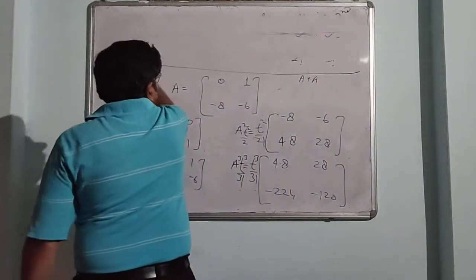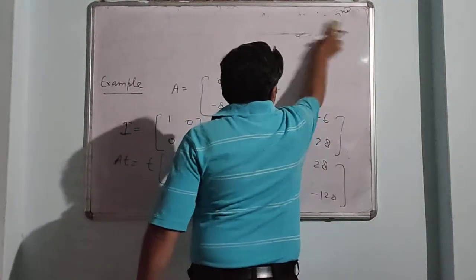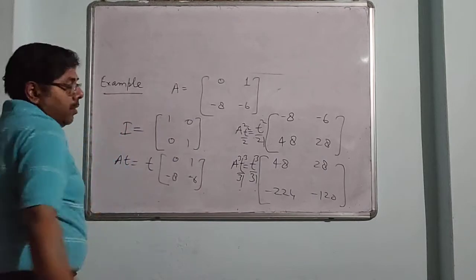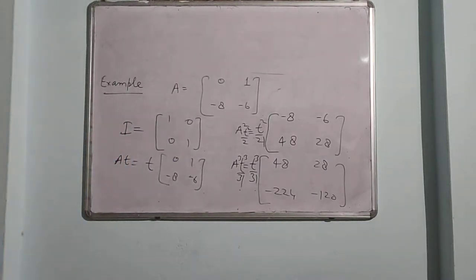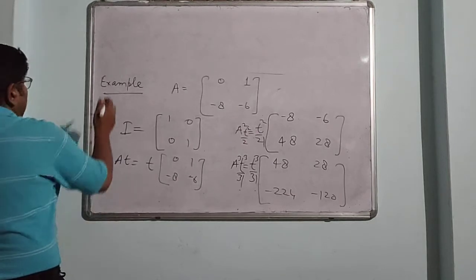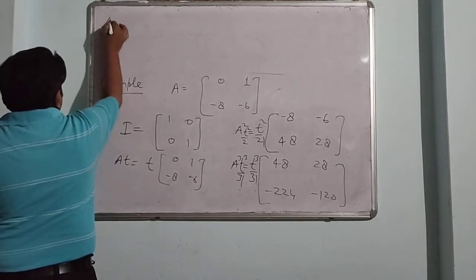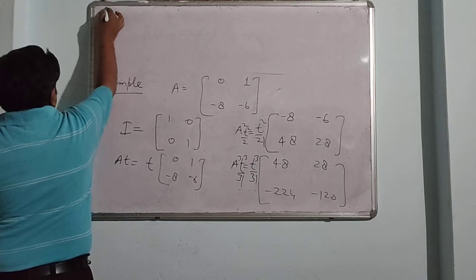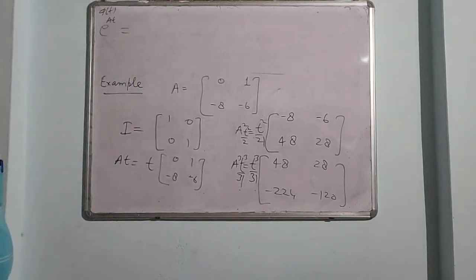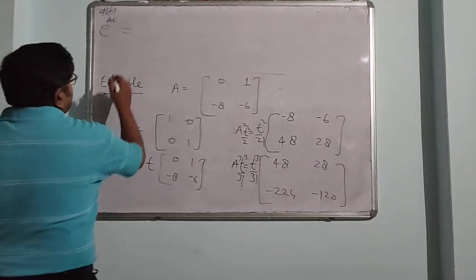So very simple method is there. After summation, what is the term? e to the power At, which is the transition matrix. You have to use all terms.